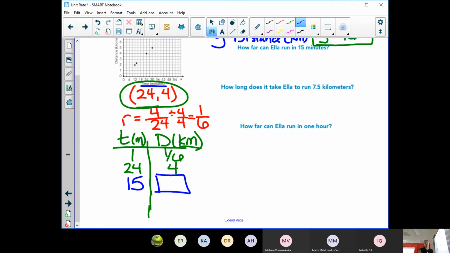Okay, I see an answer for multiply. Okay, so to go from 1 to 15, we do multiply. So we're going to do the same thing here. And if I take 1/6 times 15 over 1, I'm going to get 15/6.